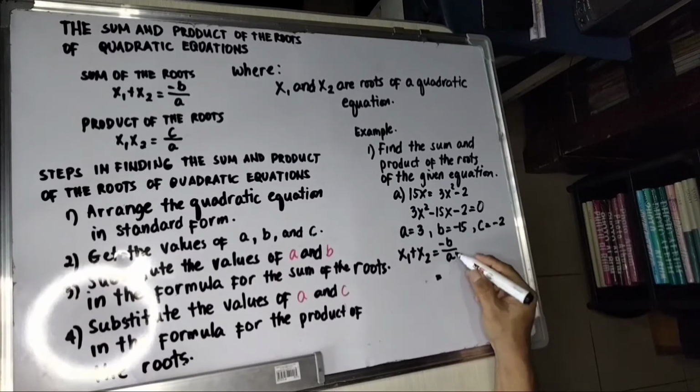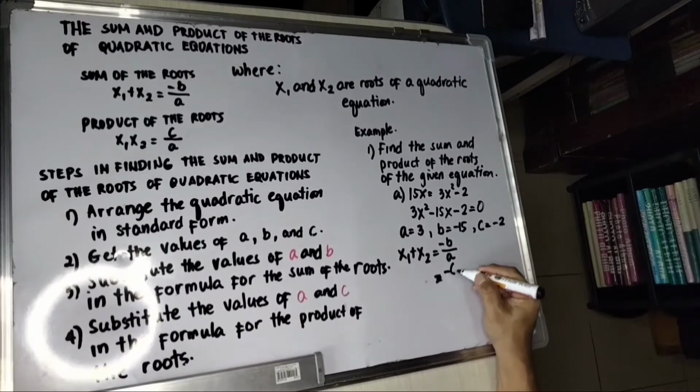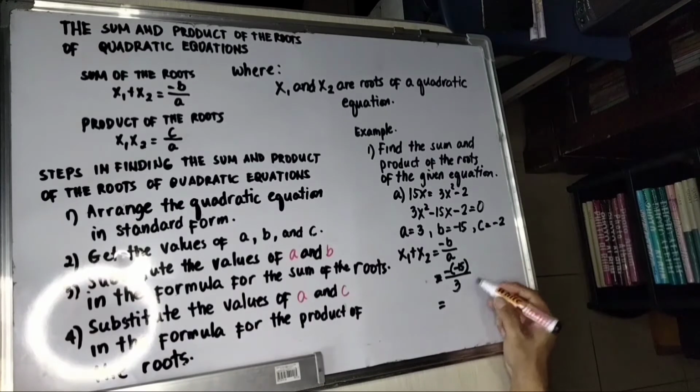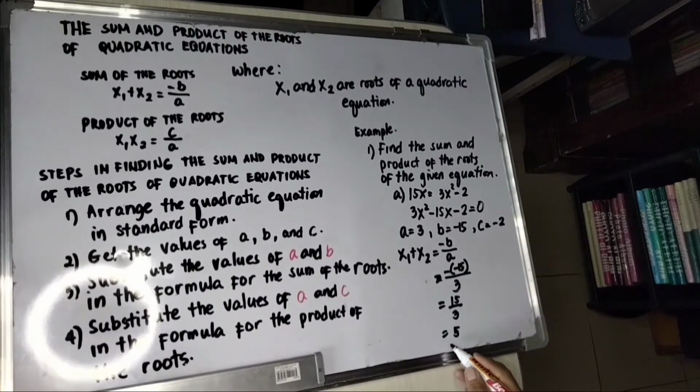This is negative, b is negative 15, over a is 3, so equals negative times negative 15 is positive 15 over 3, then 15 divided by 3 is 5. This is now the value of the sum of the roots.